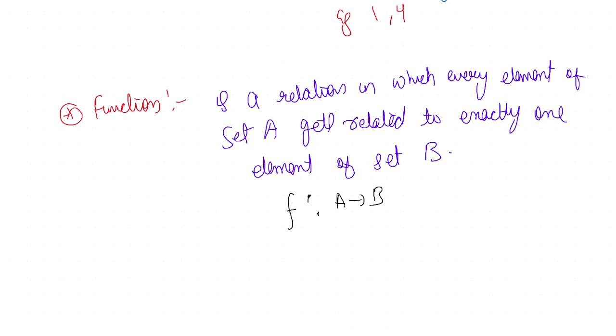This is how it is written. Now, again, we'll read function's definition once again. Function is a relation in which every element of set A gets related to exactly one element of set B.